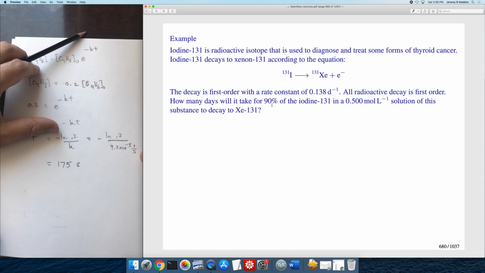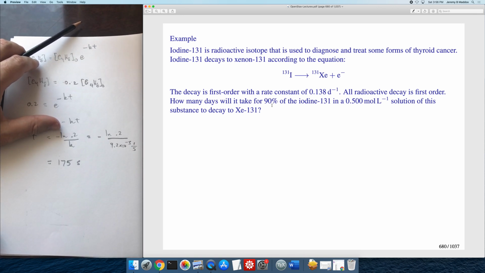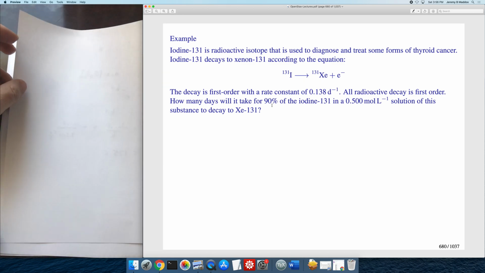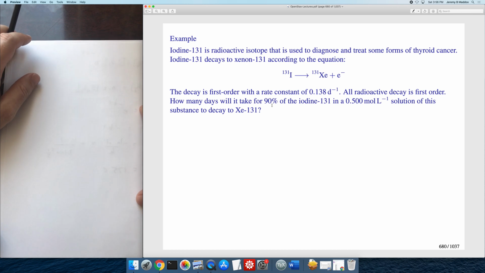Radioactive decay. Radioactive decay, I believe, is almost always first-order kinetics. So here we've got some iodine-131 that's radioactive, and it's used as a medical treatment for thyroid cancer. Here's the reaction that we have. So this is a nuclear decay reaction.